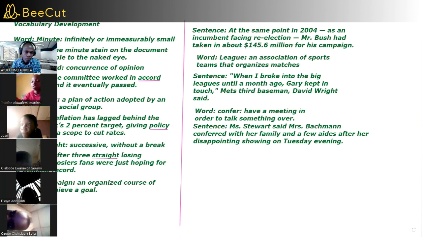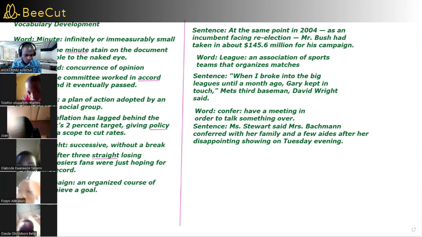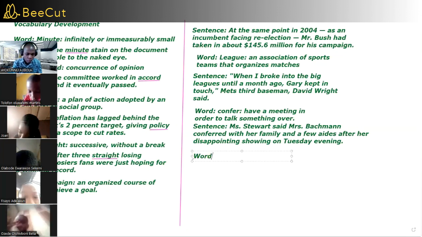And there's a word that they want us to look at, which is commonly used. Okay, let's look at this. Venture. So the word is venture.